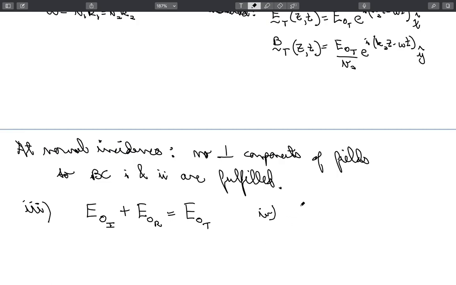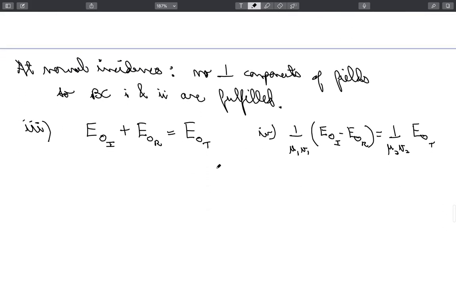If I replace, once again, knowing that the fields have an amplitude which is electrical amplitude divided by v, it just tells me that 1 over mu1 v1, and now if I sum the magnetic amplitudes from the incoming and the outgoing, I just get E0I minus E0 reflected. This has to be equal to 1 over mu2 v2, then just E0 transmitted.